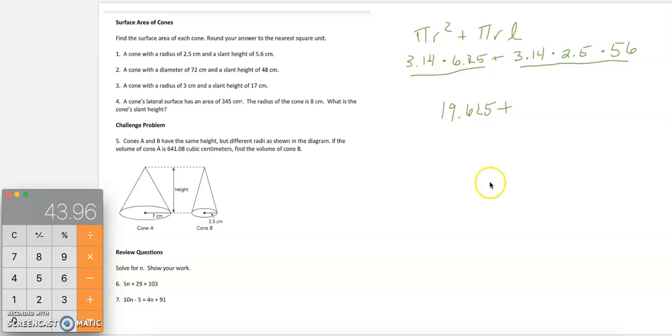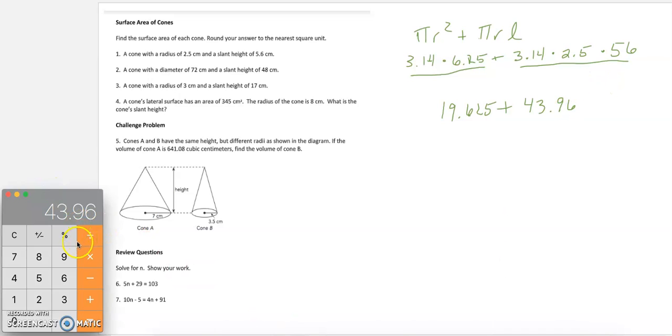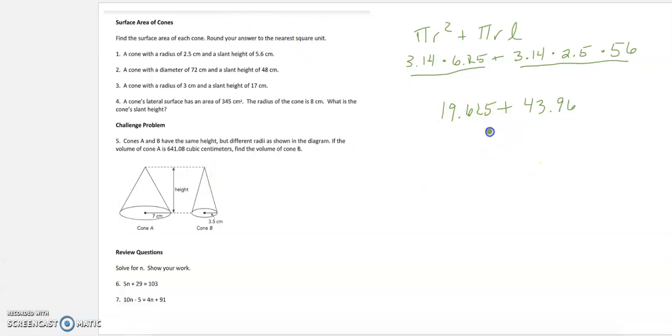That leaves us 43.96. And then we're just going to add them together. So we have 43.96 plus 19.625, and that's going to give us 63.5. Right, to the nearest square unit, that's going to be 64. So it's going to be 64 centimeters squared.